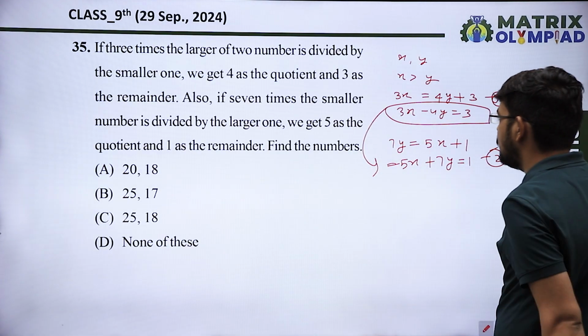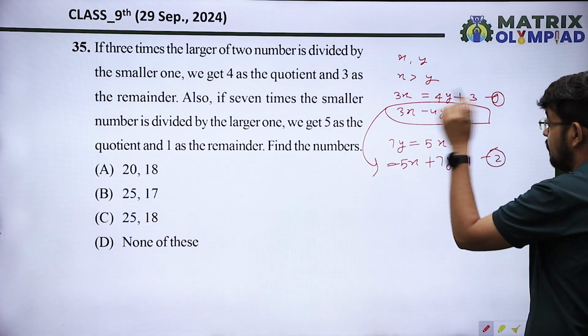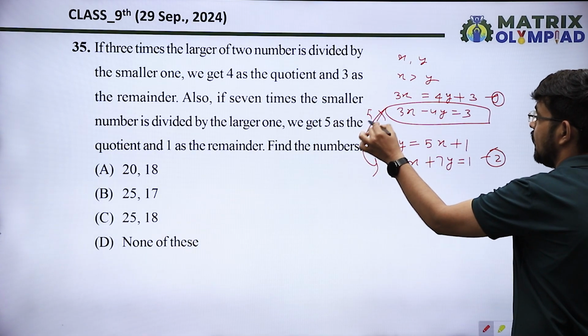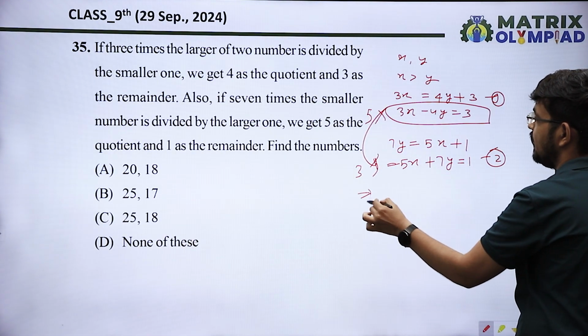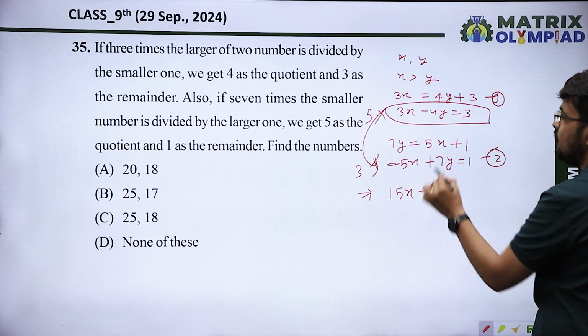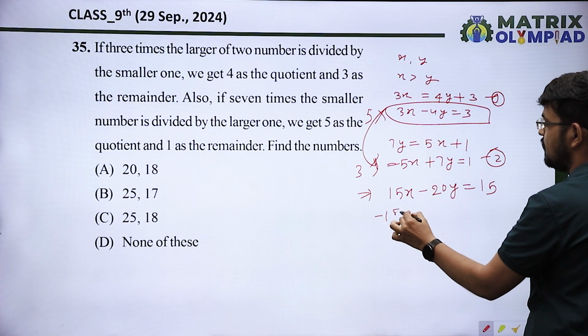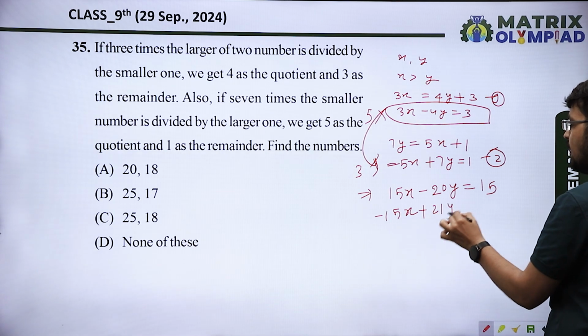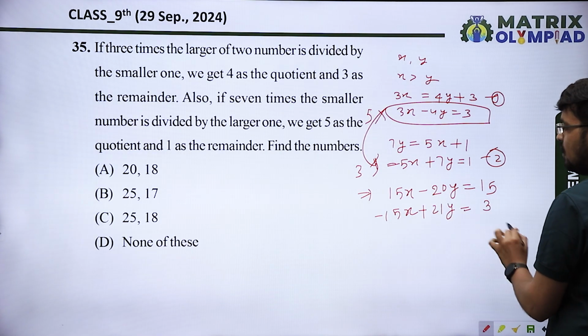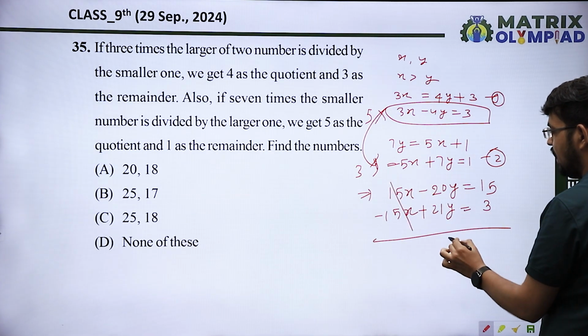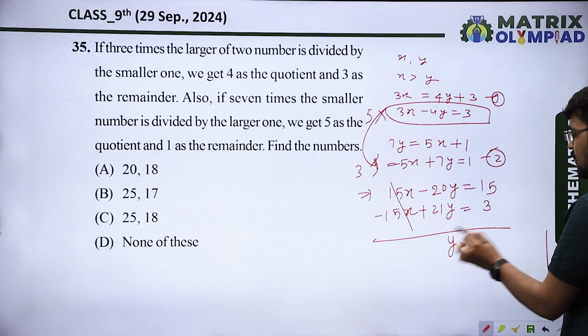Now using the elimination method, we will multiply this equation by 5 and this by 3. So we will get 15x minus 20y equals 15, and minus 15x plus 21y equals 3. When you add, you will get y equals 18.